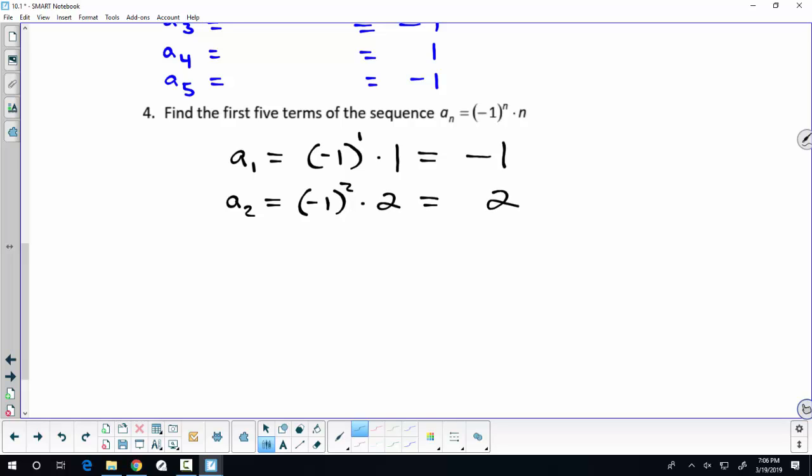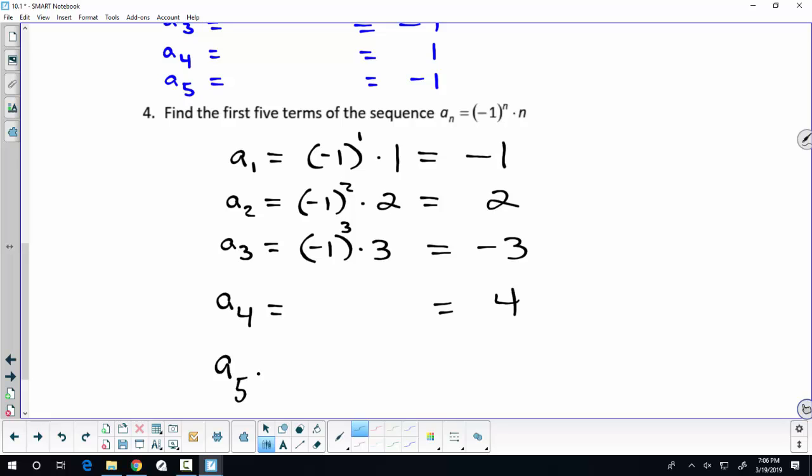Negative 1 squared times 2 is 2. Third term, negative 1 cubed times 3, which is negative 3. The fourth term, 4. The fifth term, negative 5, right?